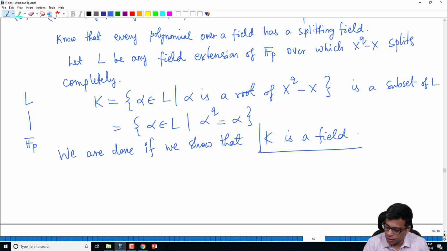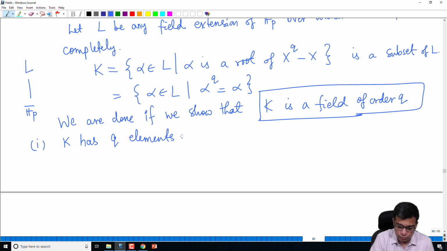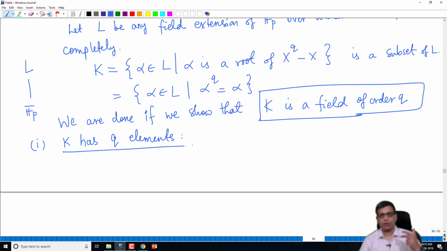So we are done if K is a field of order q. So I need to show that it is a field and that it has order q. I will break up the proof into two parts: K has q elements, and K is a field.